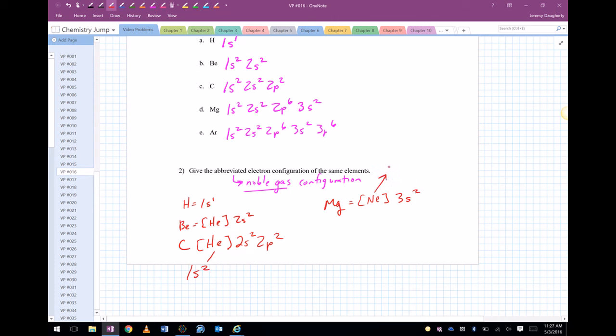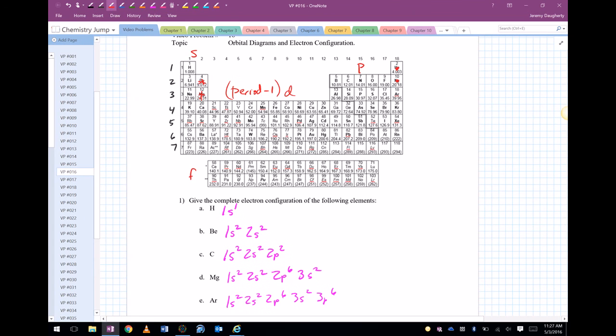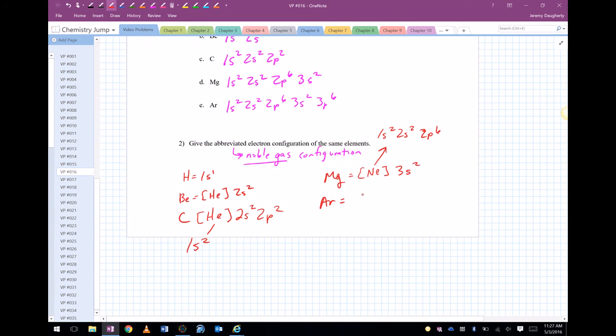So the neon stands for 1s2, 2s2, 2p6. And then we have argon. So argon again is on that third period, so we're going to use neon again. So that's the electron configuration of neon. It's going to be 3s2, 3p6. Okay, so there's the abbreviated electron configuration.